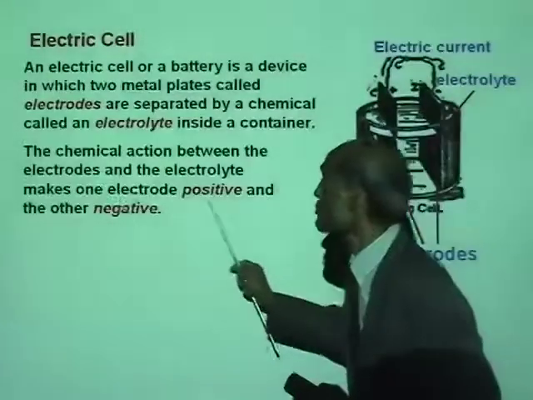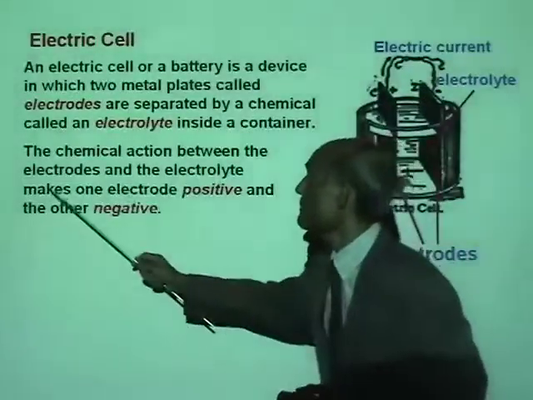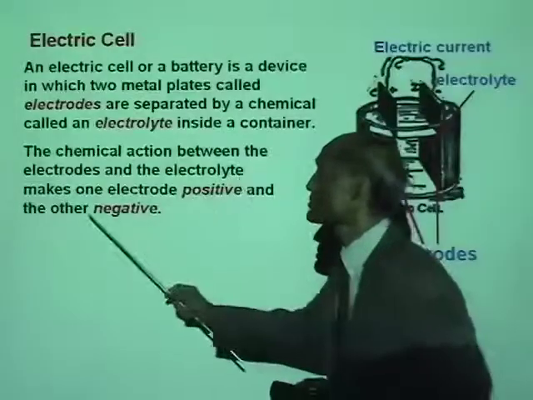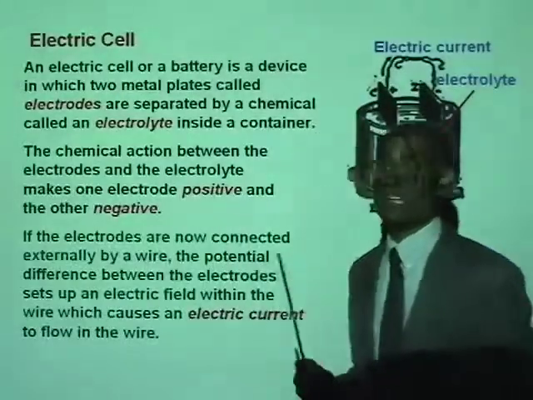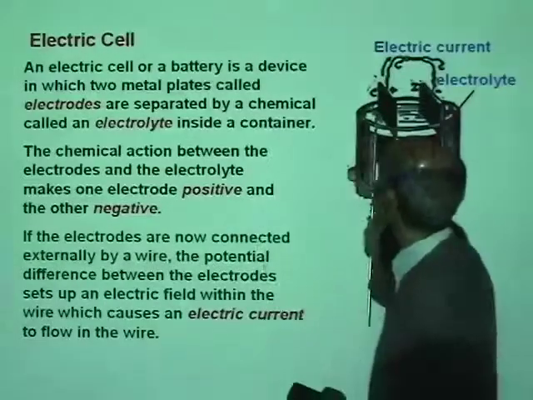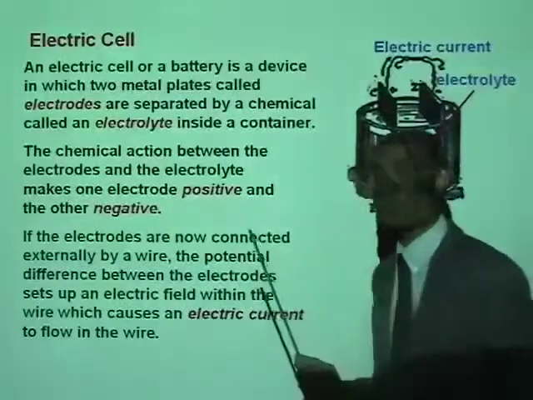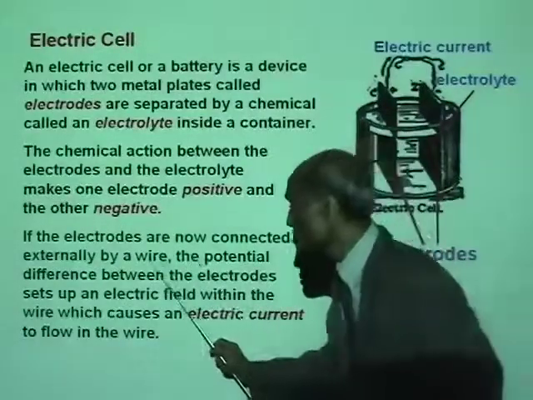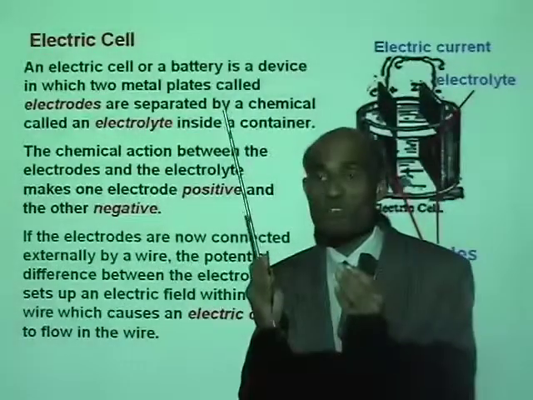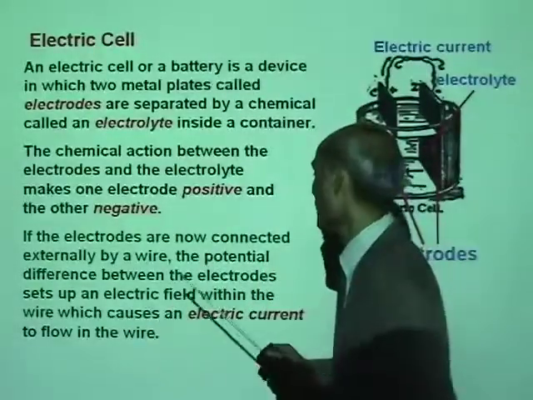The chemical action between the electrodes and the electrolyte makes one electrode positive and the other negative. If the electrodes are now connected externally by a wire, the potential difference between the electrodes, I want you to be familiar with that term, it is the potential difference between the electrodes that makes electric charges move.